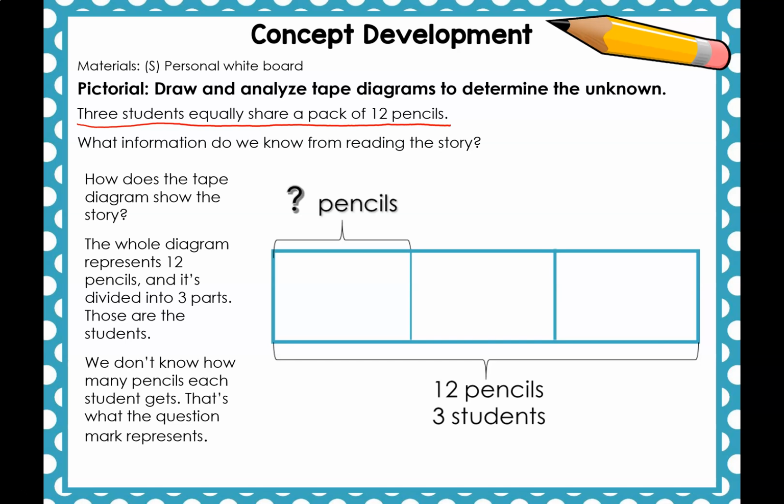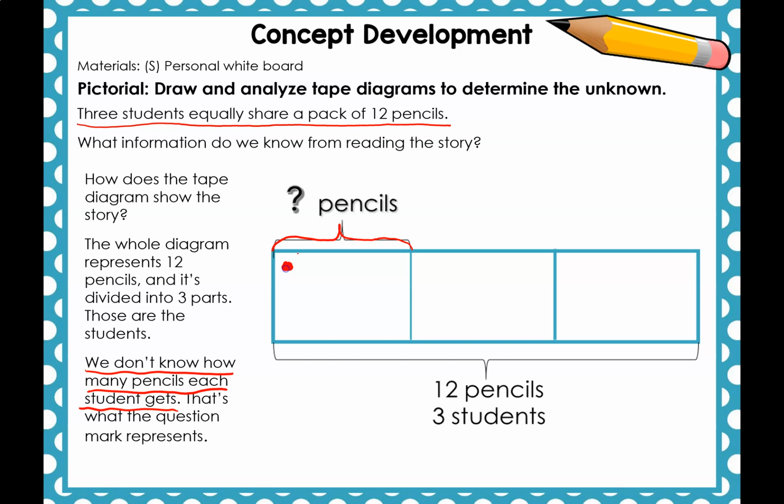What information are we missing? Okay, we don't know how many pencils each student will get. So that is what the question mark represents. The 1 box in our tape diagram. We need to figure out how many pencils each student gets. This is where that fair share method will come in. So instead of sharing equally between 2 groups, this time we'll share equally between 3.